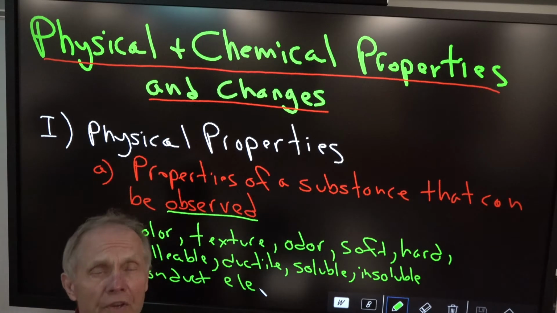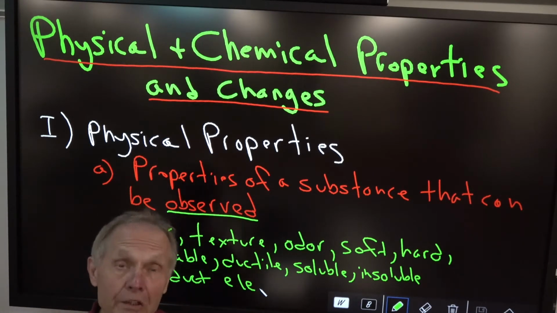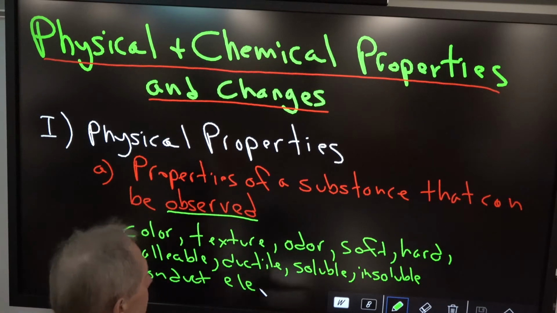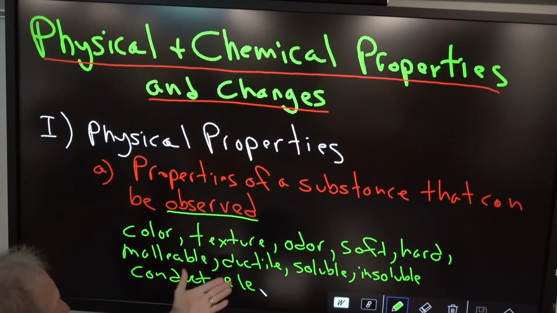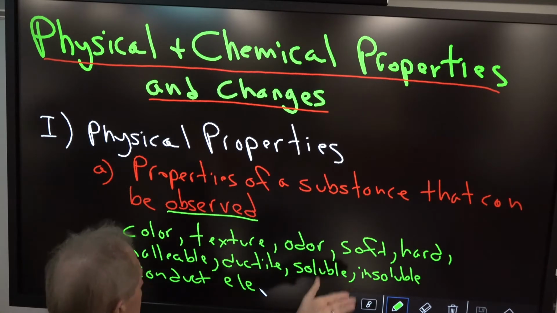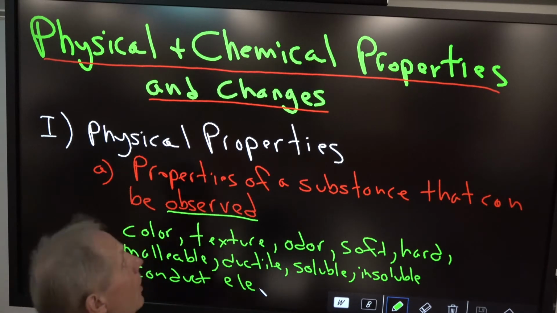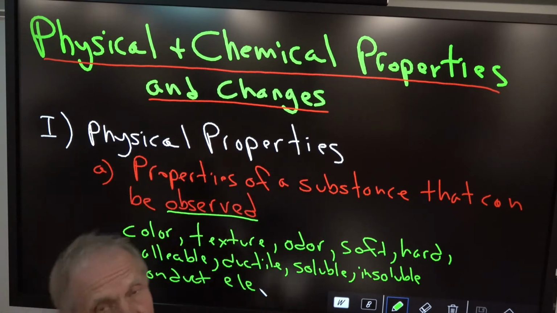So these are all things you can observe, you can look at and see. So once again, color, texture, odor, soft, hard, malleable, ductile, soluble, insoluble, conducts electricity. These are all physical properties.